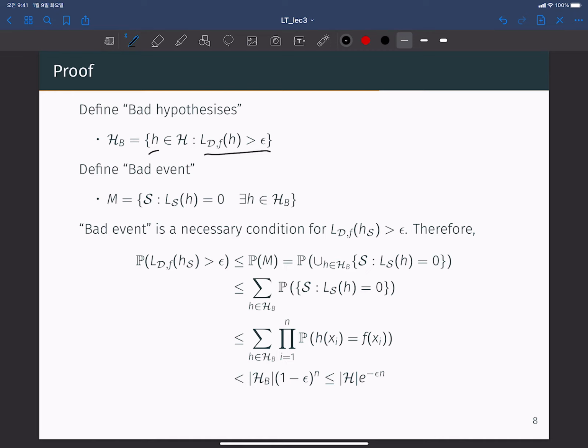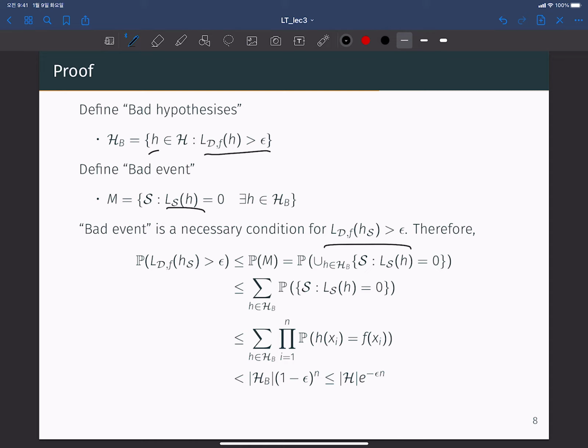Since S is a randomly sampled training set, L_S(h) is also a random variable, right? So we want to find the probability of such a bad event. Indeed, the bad event is a necessary condition for having a test error strictly bigger than epsilon using the empirical risk minimization ERM rule.